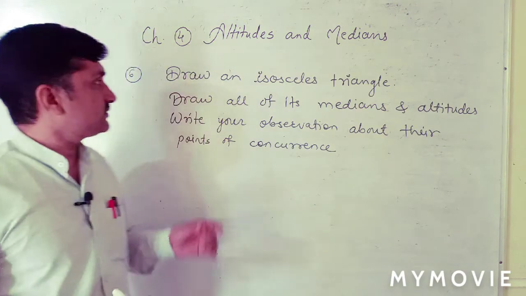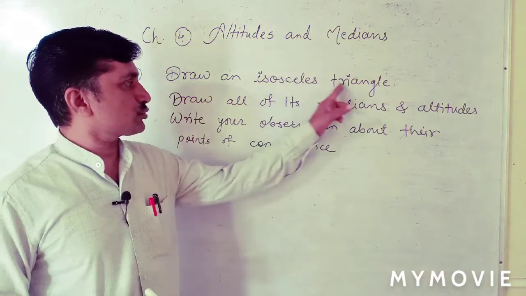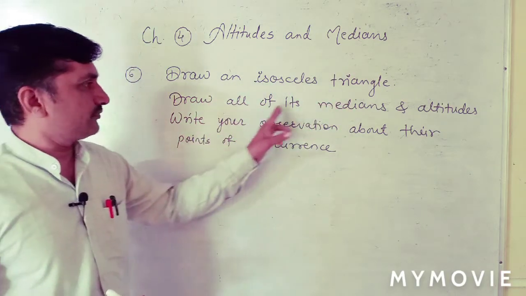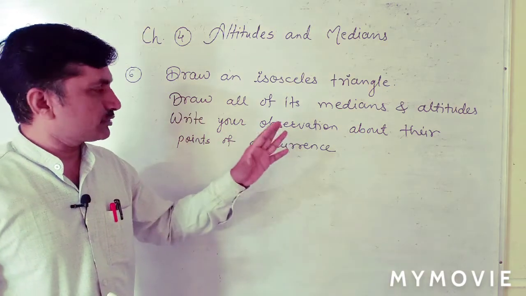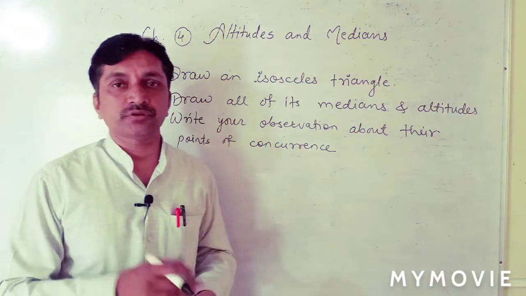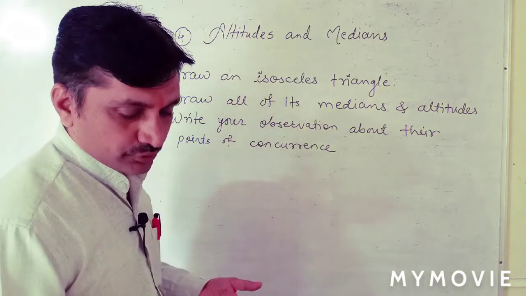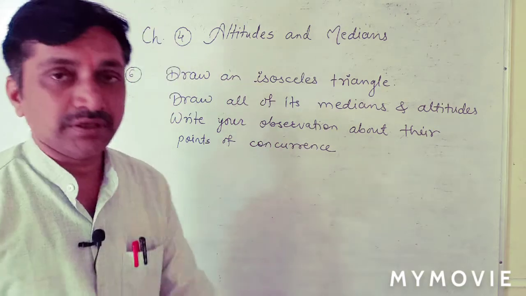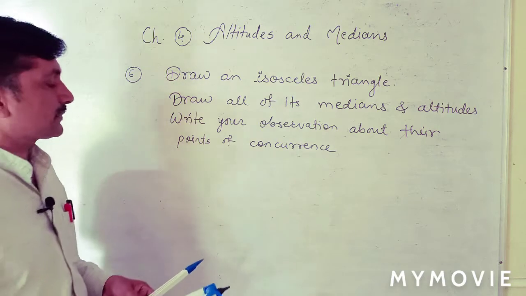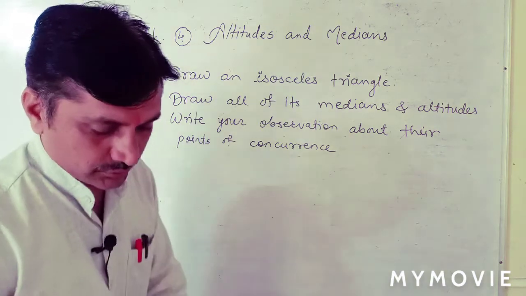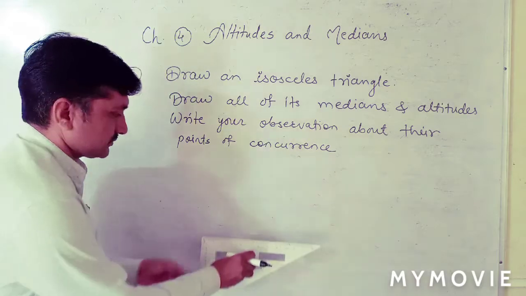Example number 6 is: draw an isosceles triangle. Draw all of its medians and altitudes. Write your observation about their points of concurrence. That observation afterwards, but before that we have to draw an isosceles triangle, means having two sides equal. Okay, first of all take a base.